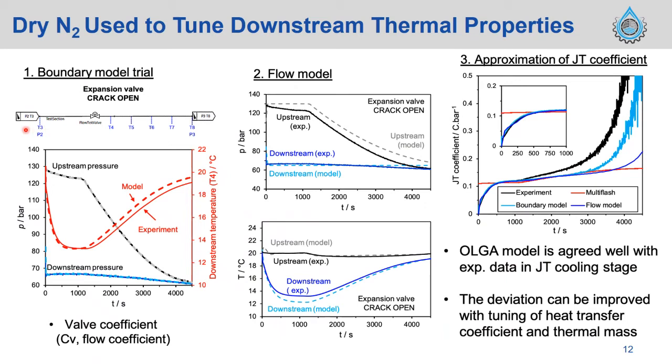Probably this is the source of the big deviation compared to the model. In terms of our flow and boundary model compared to the experimental result, we can improve the model prediction by tuning the heat transfer coefficient and also the thermal mass in the Joule Thomson system.